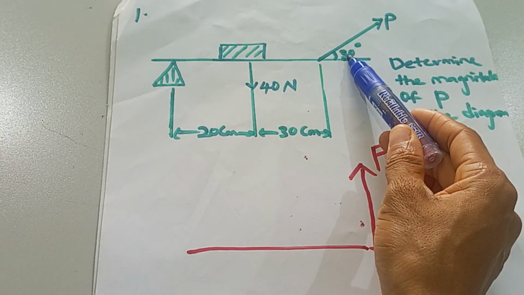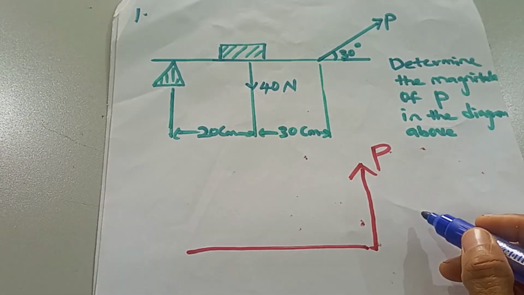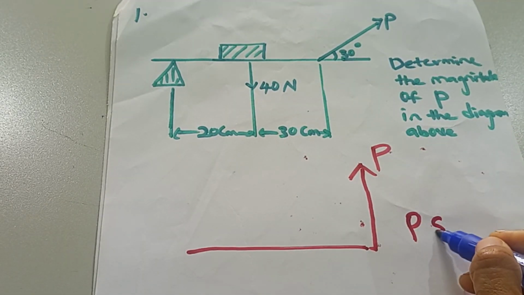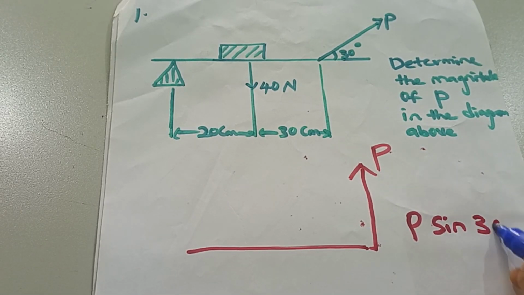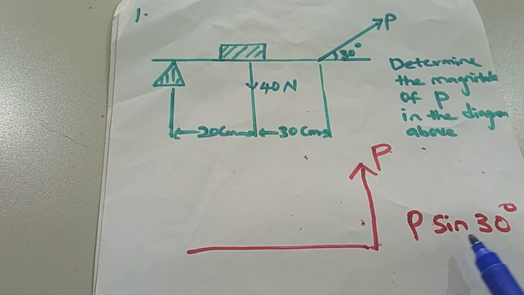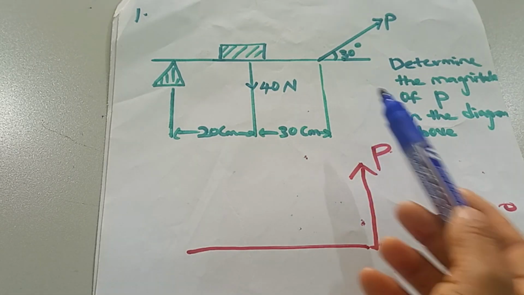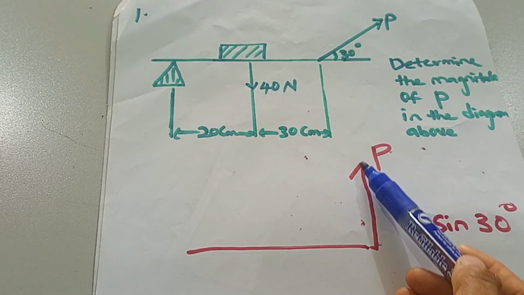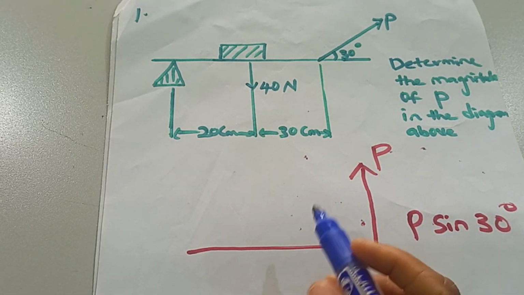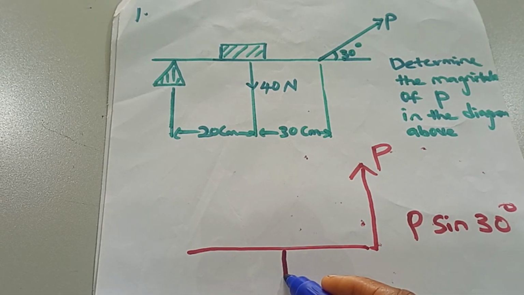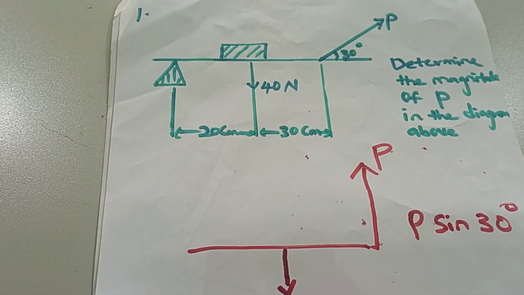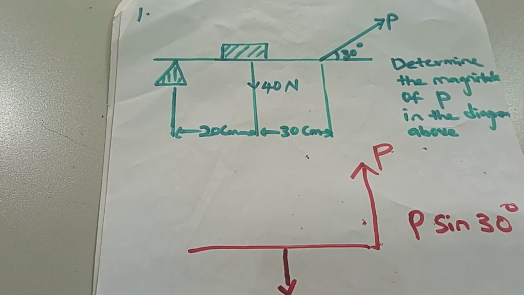That means that this angle, we'll use it and say P sine 30 degrees. Why are we using 30? Because we are resolving it to the vertical direction. Remember, you use sine.